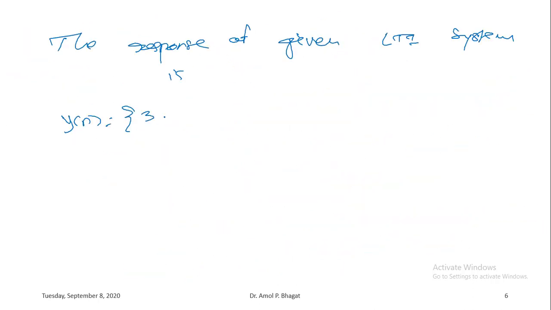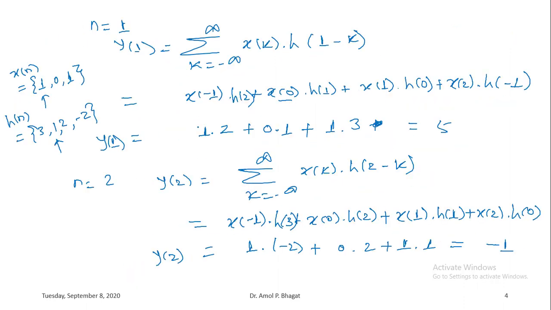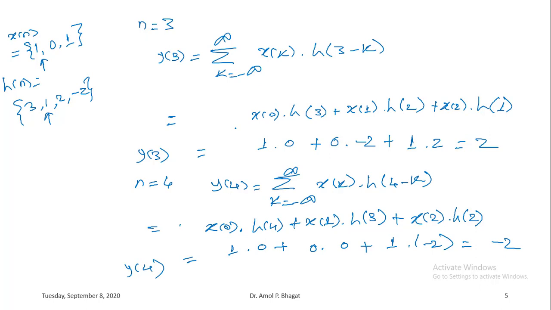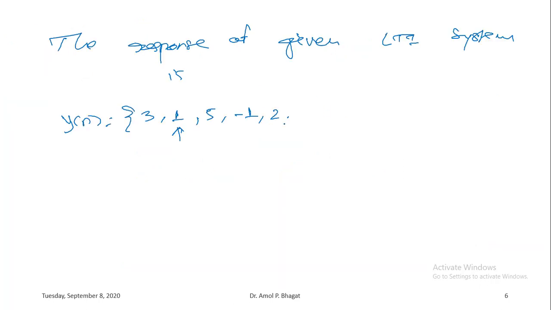Then for n equals 1 it is 5, and y of 2 is minus 1. Similarly y of 3 is 2 and y of 4 is minus 2. So this is the required sequence, that is the required response of the given LTI system.